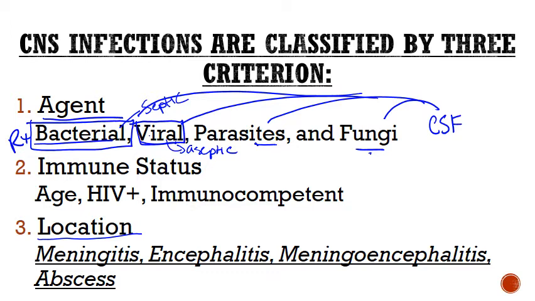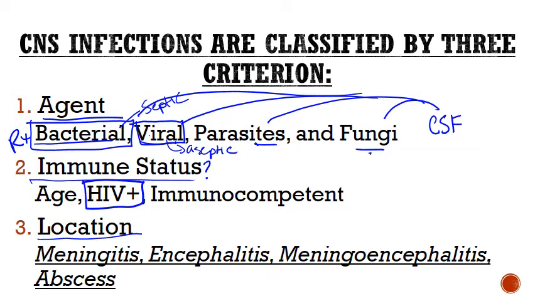Okay, and then lastly, we're going to talk about immune status. So immune status always plays a role whenever we're thinking about infection. So you're going to think of your big question: does my patient have a good immune status, or are they potentially immunocompromised? If they're HIV positive, you automatically know they're immune compromised.